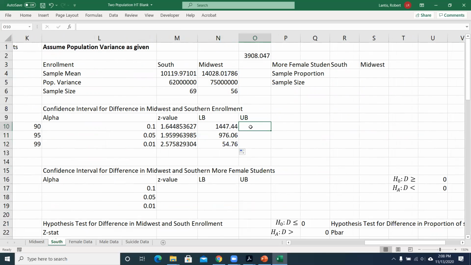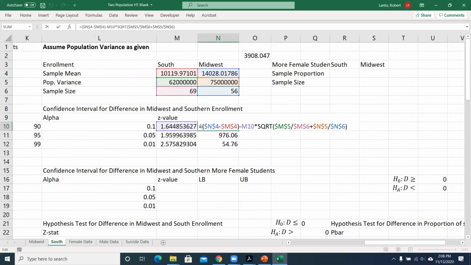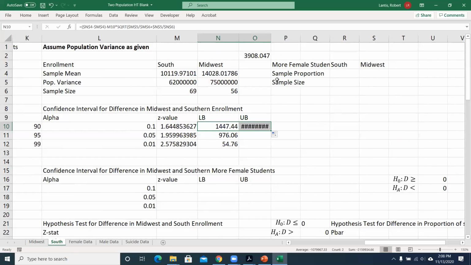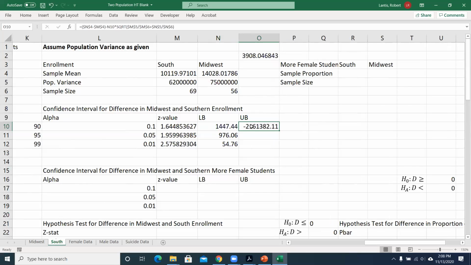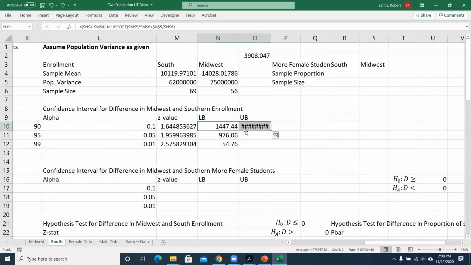I think probably the easiest way, you could type it again over here. But I can't just drag it over, right? If I drag it over, how do I get a negative upper bound? Well, it moves over that cell reference. I'm no longer using that z value. So typically what I do, I get rid of this, there we go.